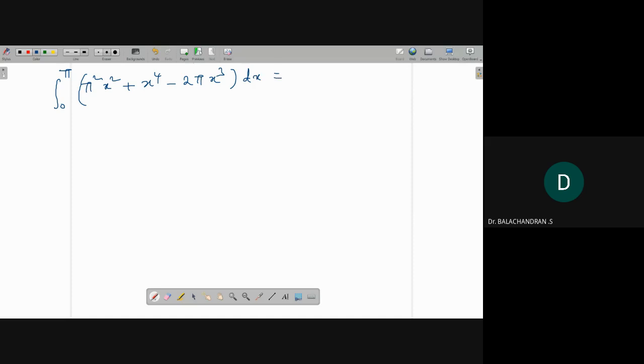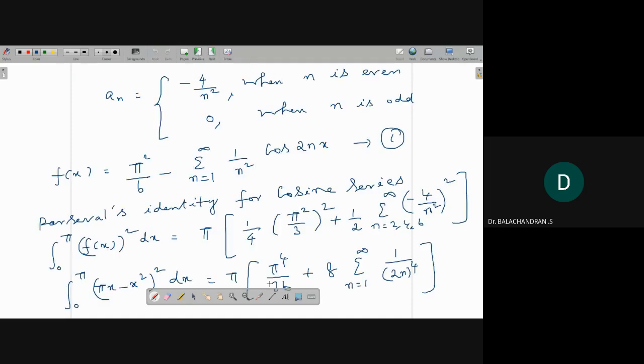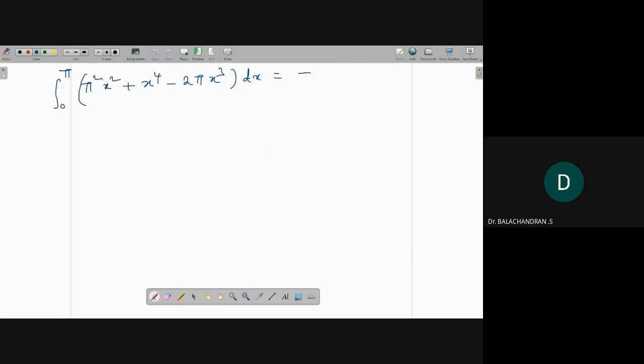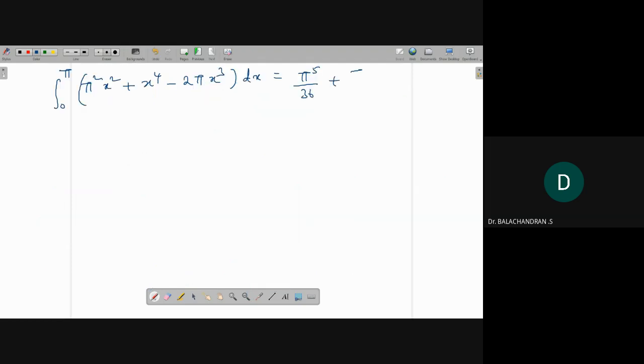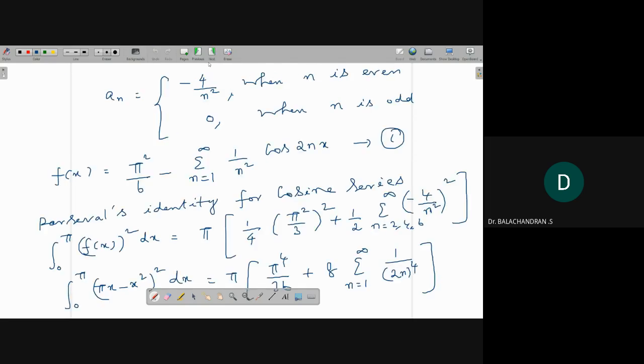Which is equal to, the right hand side is what? Pi power 5 by 36. Here we have 2 power 4, 16, so 1 by 2, or pi by 2, summation n equal to 1 to infinity 1 by n power 4.